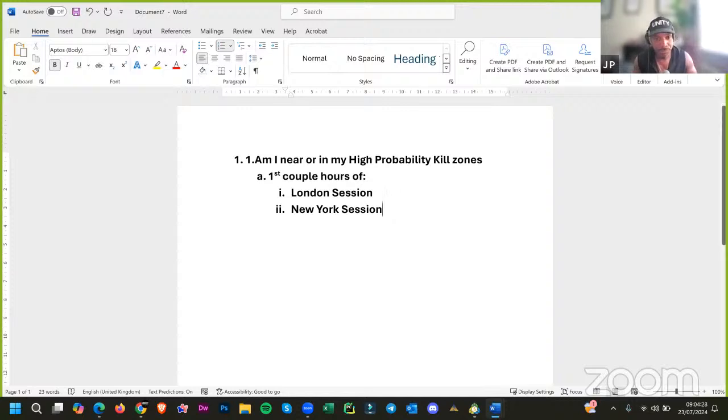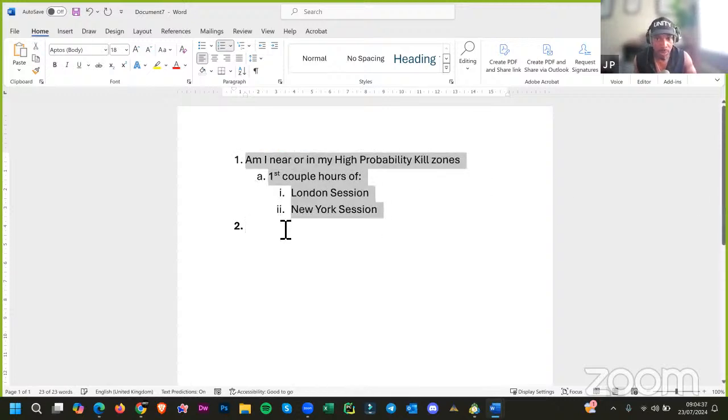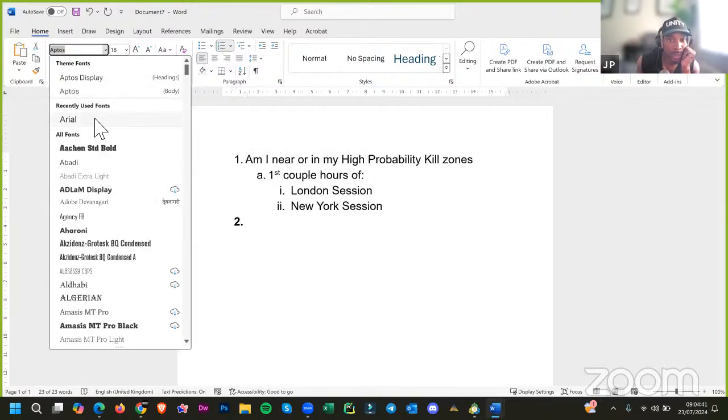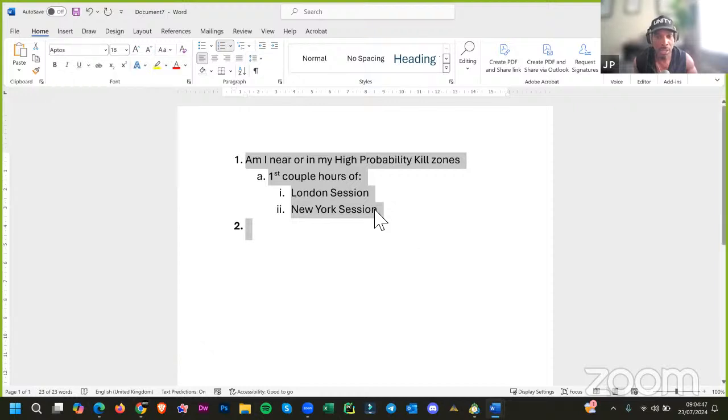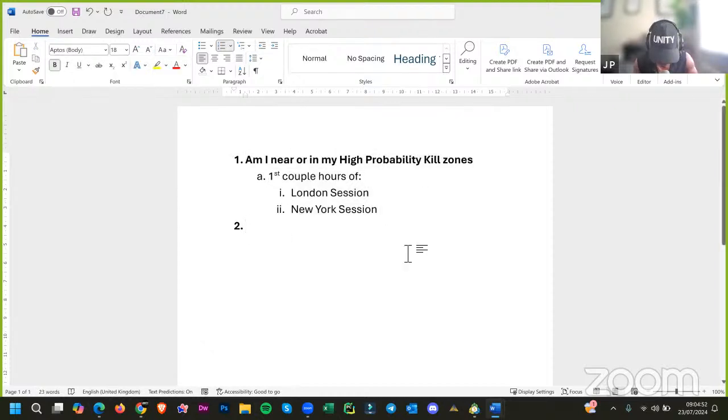Okay, number 2. Oh, I've got two 1s in there for some reason. I'm going to unbold it. This is hard to read. I don't like this font either. Let's get a font that we can read better. It doesn't matter. Okay. So, am I near my high probability kill zones? Number 2.